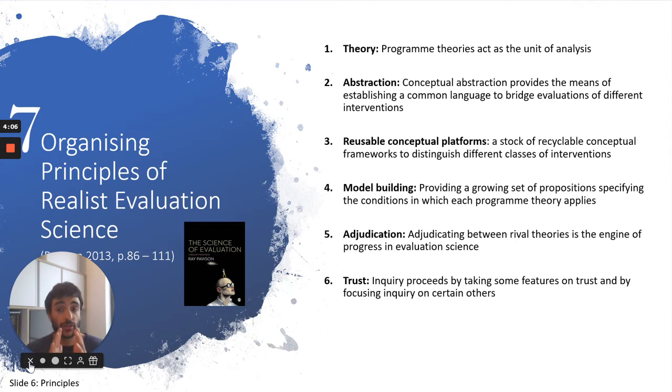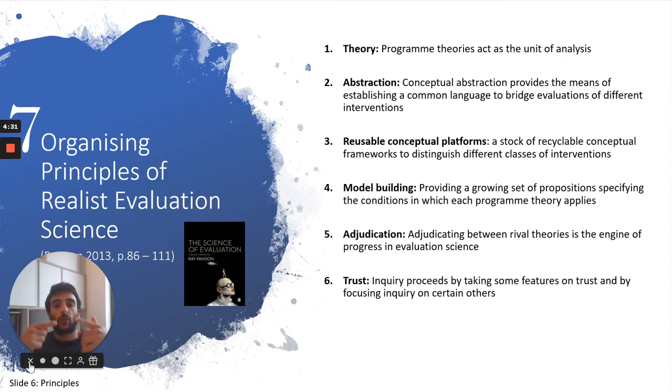Sixthly is trust. Trust is crucial because we cannot study everything. We have to focus on a specific part, go into depth, and we have to trust that the rest of the program theory will be studied later on, or will not seriously affect what we are studying right now. And this is also based on, of course, the continuous cycle of evaluation.